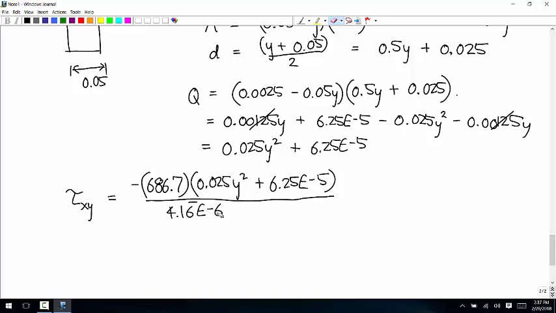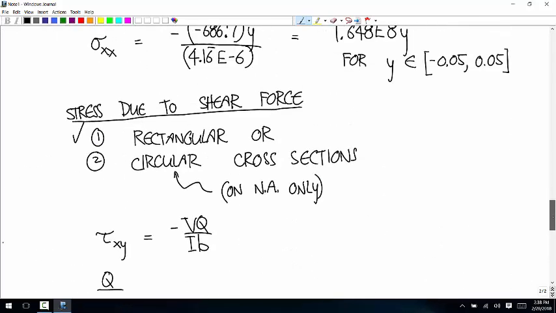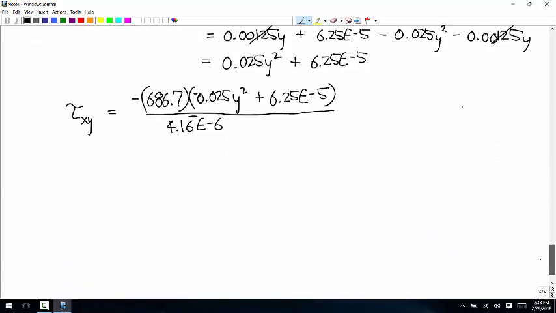Okay, this is negative. The I that we got before is 4.16 repeating times 10 to the minus 6. B is the width, so that's 0.05.